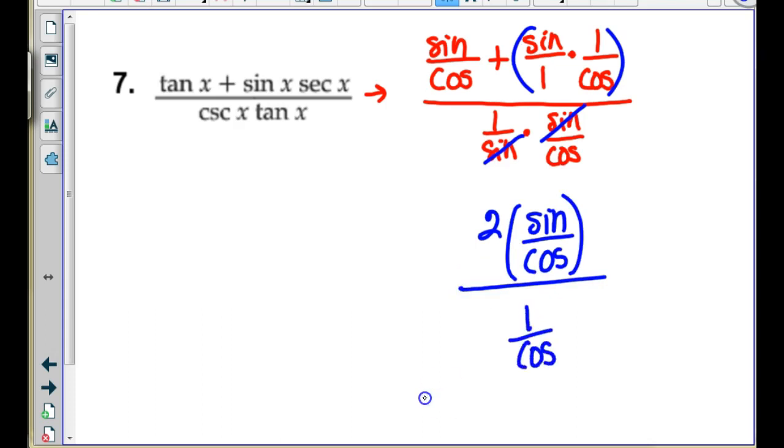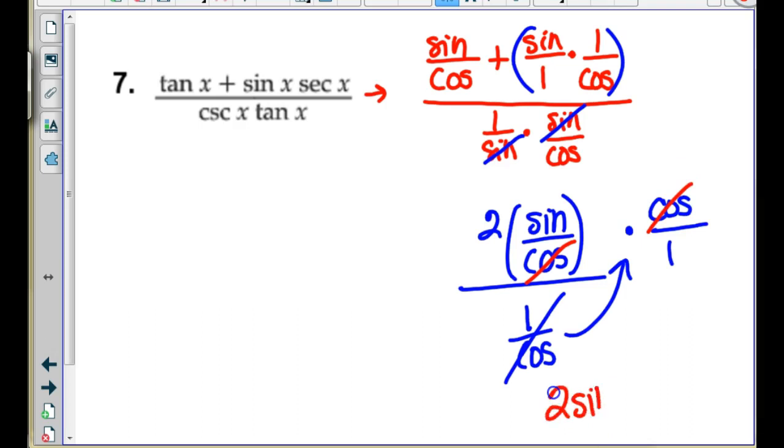Now, what happens when you divide by a fraction? Multiply by the reciprocal. So this becomes times cosine over 1. And then what happens? Okay, so what are we left with? 2 sine over 1, or just 2 sine? Make sure you put the x back in. I was just saving us time and energy.